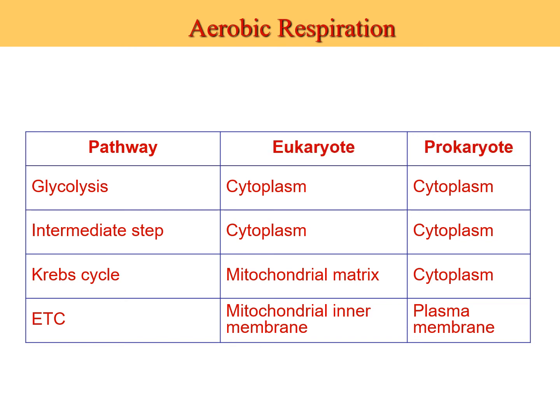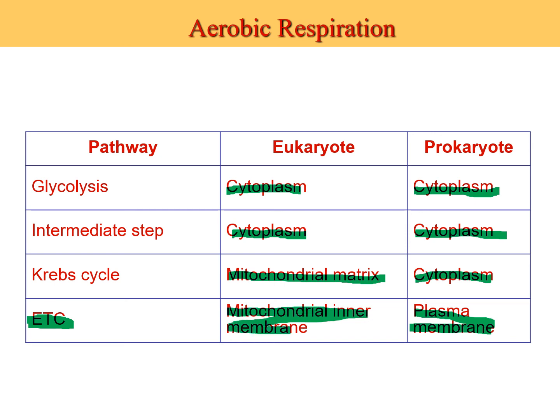So in a prokaryotic organism, the first 3 stages occur in the cytoplasm, and the electron transport chain is occurring in the plasma membrane. In eukaryotes, the first 2 are in the cytoplasm. The Krebs cycle is occurring inside the mitochondria, and the electron transport chain is in the inner membrane. Okay?